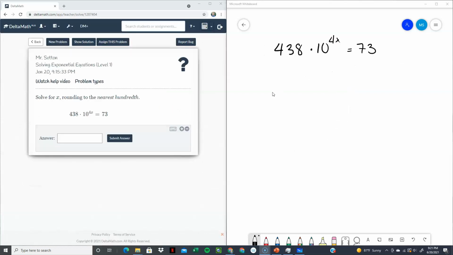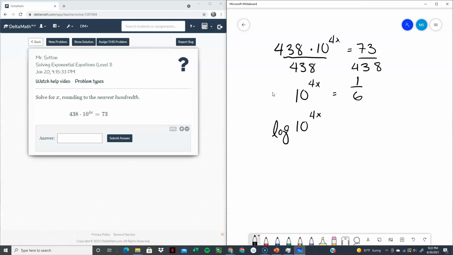Let's go ahead and look at one more like this. So again, we want to get it in exponential form first. So divide by 438 on both sides so that you can have just the 10 to the exponent. And then 73 divided by 438 is 1/6. So now we have 10 to the exponent equals our answer. So we can go ahead and take the log of both sides here. And again, we just want to use log base 10 so that we can plug it into our calculator.